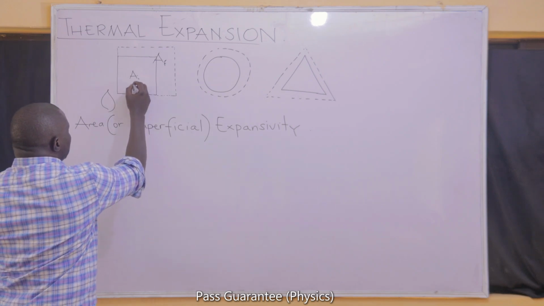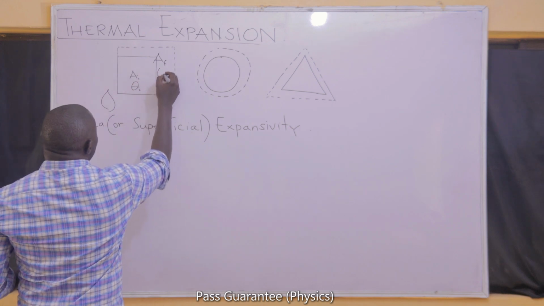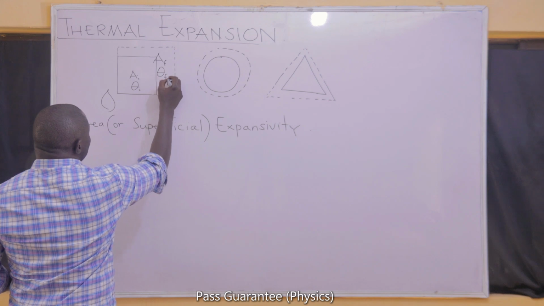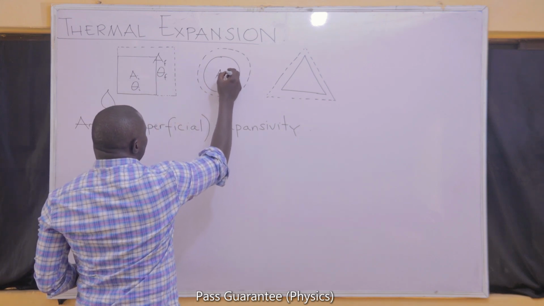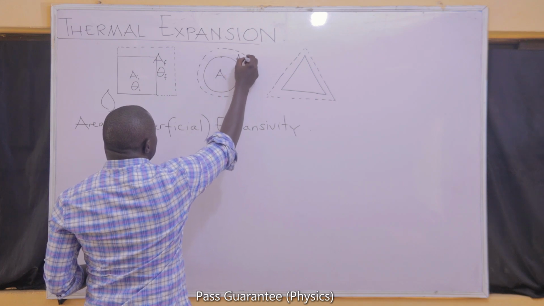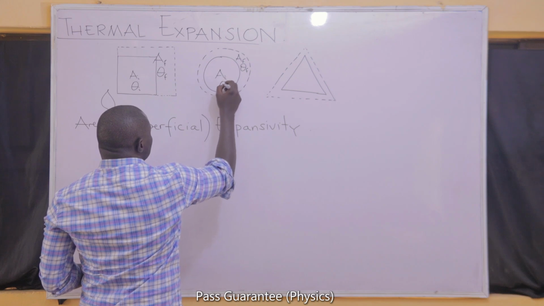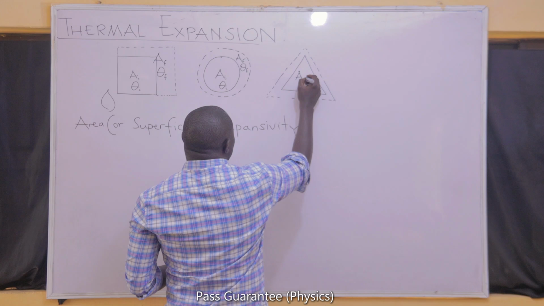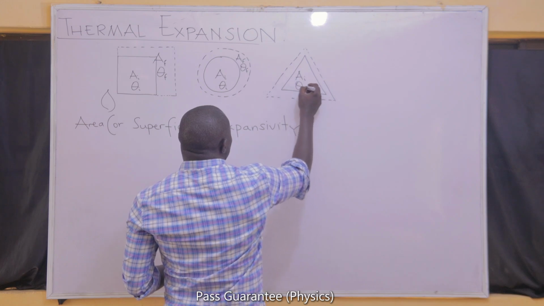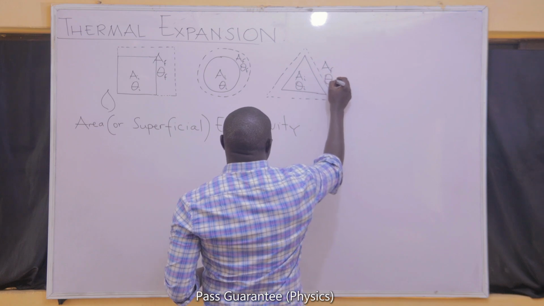It will have an initial area at an initial temperature, and will have a final area at a final temperature. And the same thing for the rectangle. It will have an initial area at the initial temperature. It will have a final area at a final temperature.